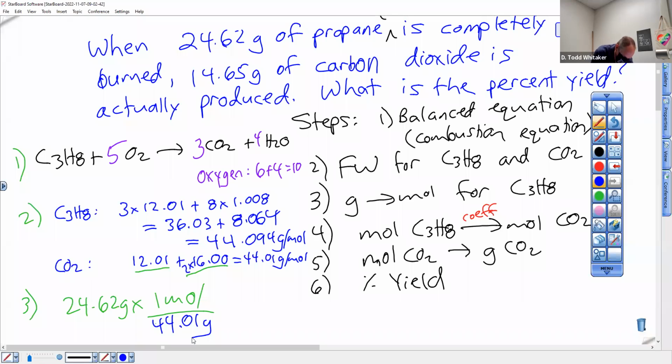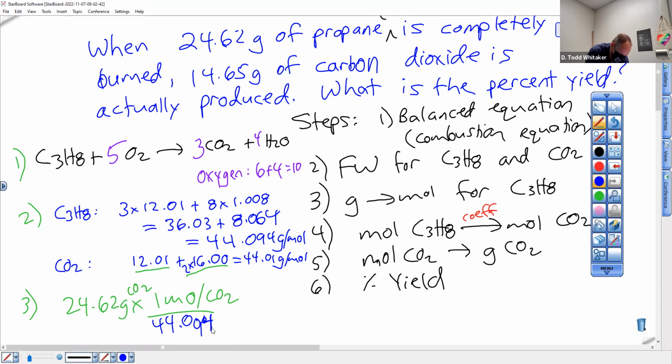That's 24.62 grams of, I used the wrong one. This is the danger of not writing down what you're talking about. I should learn my lesson and do this every time. Please learn from my mistake.